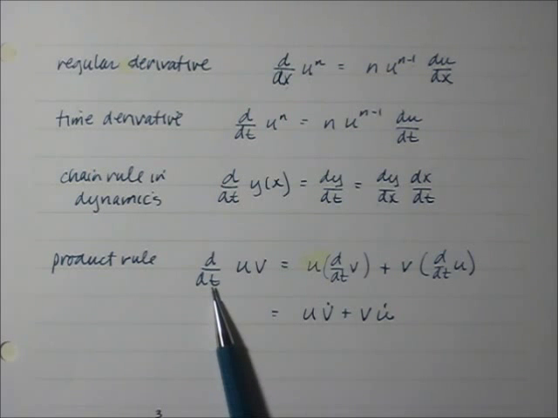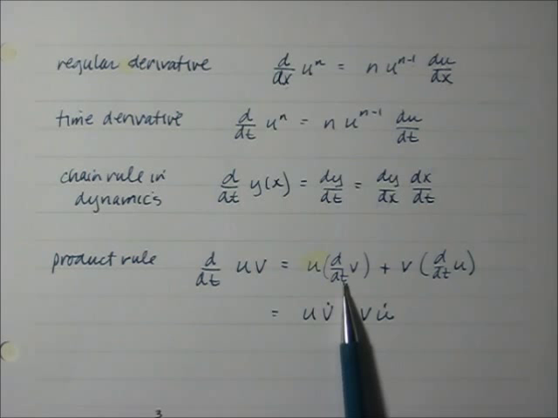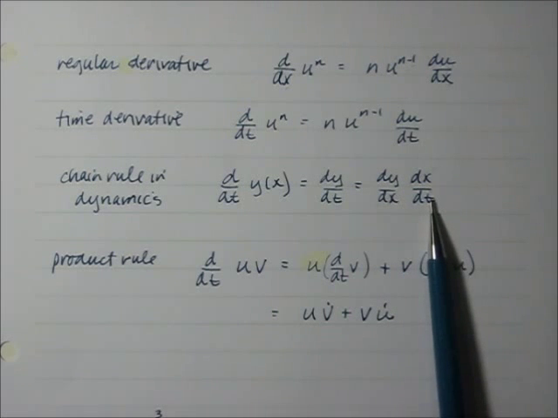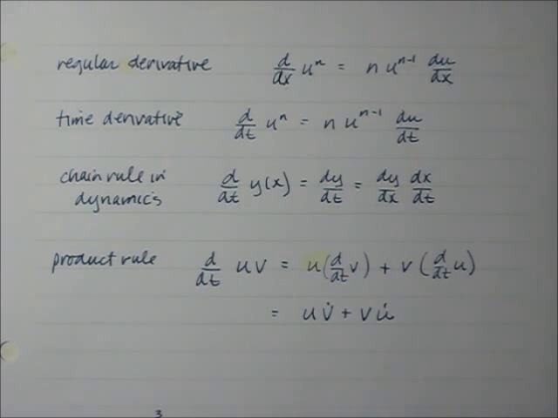If we're taking it in the time domain, then we want to take those derivatives with respect to time, or d/dt. If these are functions of x, then you have to take the derivative with respect to x first, and then multiply it by the derivative of x with respect to time. And we'll do some more examples of that.